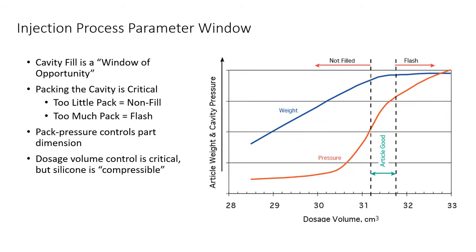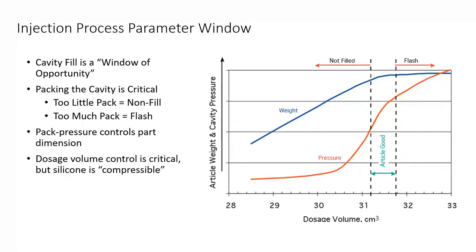You want not too little, and you don't want too much. Not if you want your porridge just right. You want the fill to be within this good straight section. Not filled is going to give you a degree of non-fills, defective parts, which then you have to inspect out, which is very costly.